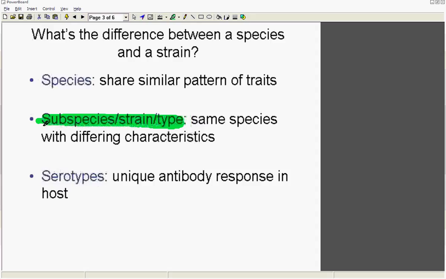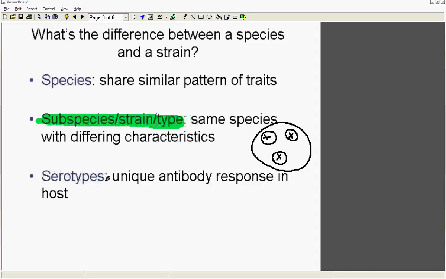And these are groups of bacteria within the same species, but that have slightly different characteristics. So I might, for example, have a big population of bacteria that are all the same species, but within that species there may be a group over here that differs slightly from this group over here, and that one differs slightly from this group over here. Those are each different strains, or you could call them different types, or different subspecies.